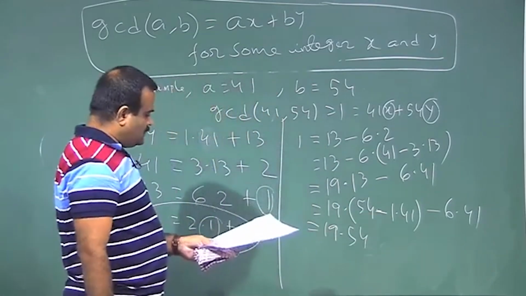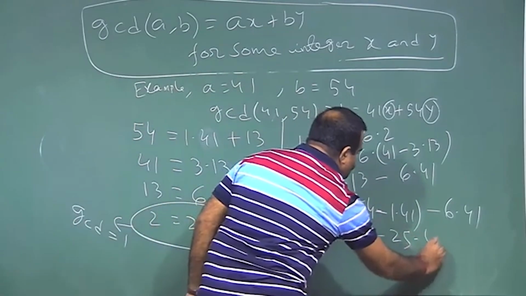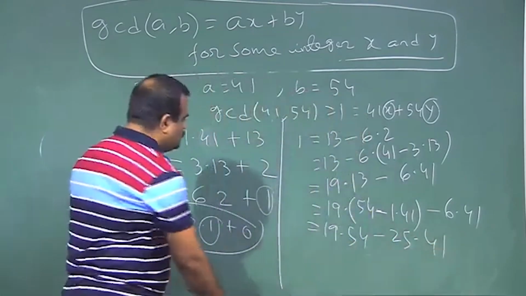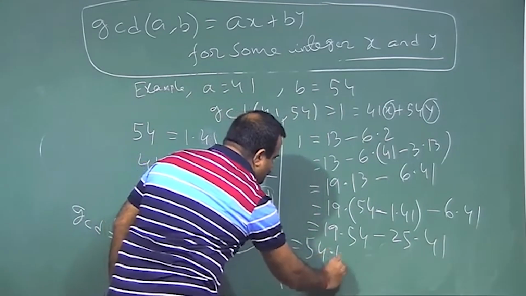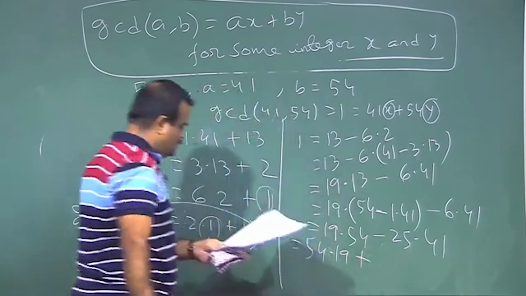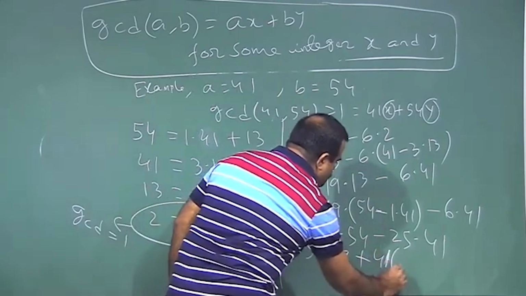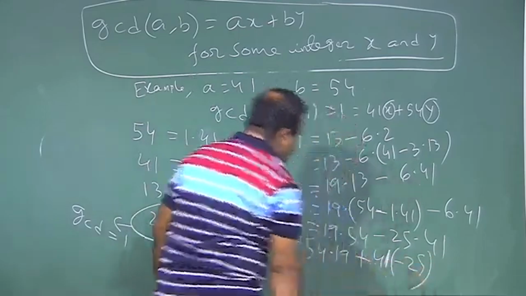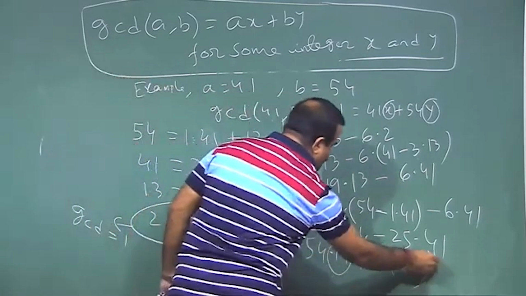So, this is basically minus 25 into 41. So, this is 54 into 19 plus 41 into minus 25. So, this is our x and this is our y.